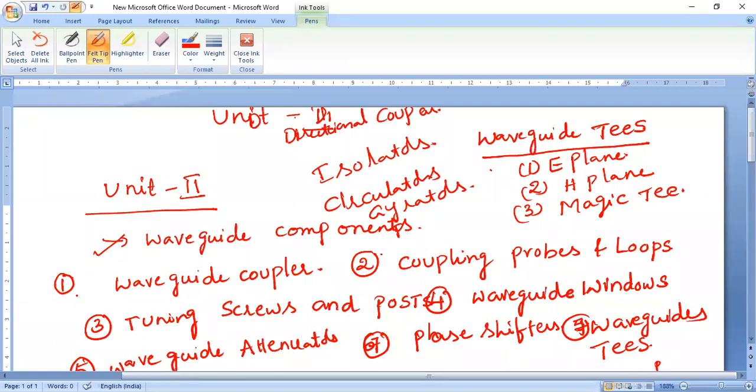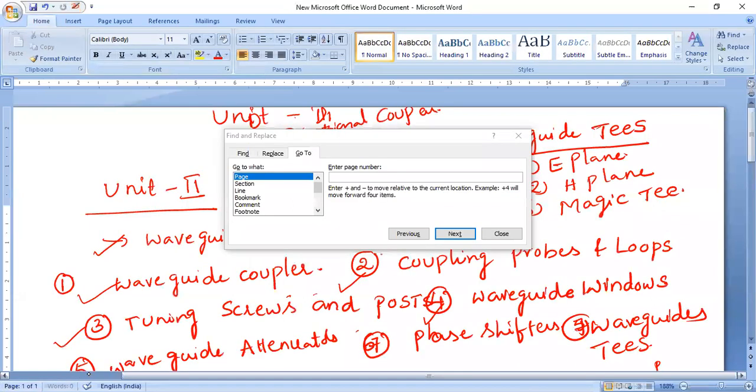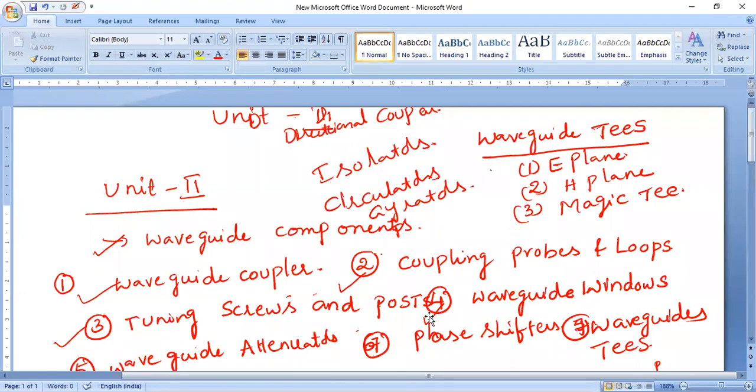So the waveguide components are waveguide couplers, probes and loops, tuning screws, waveguide windows, waveguide attenuators, phase shifters, and waveguide T's.